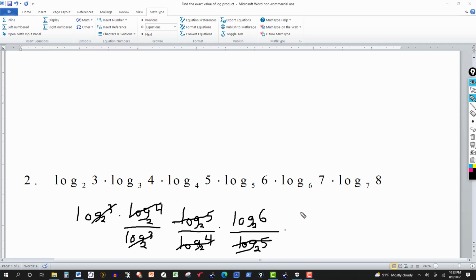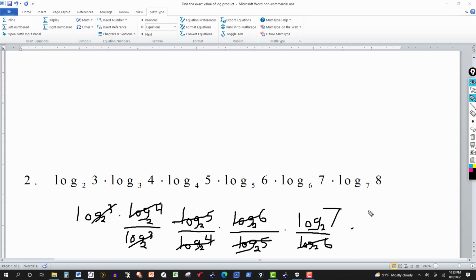So I come over here to the next one, and this will be log of 7. And again, base 2. The denominator should be the log of that same base, 2 that I picked. The base for this one was 6, so this would be 6 here. So the log of 6 to base 2, denominator over here, log of 6 to base 2, those divide out. Get to the next one.